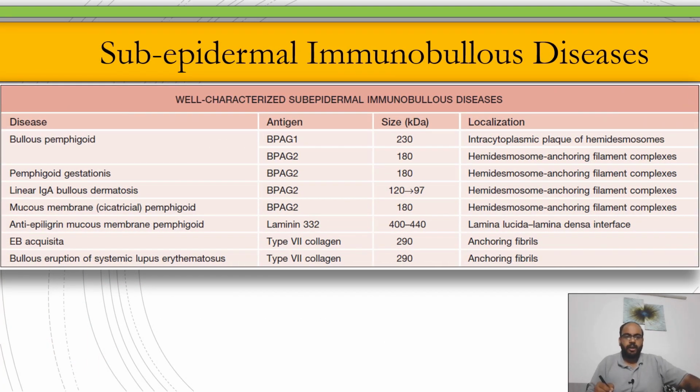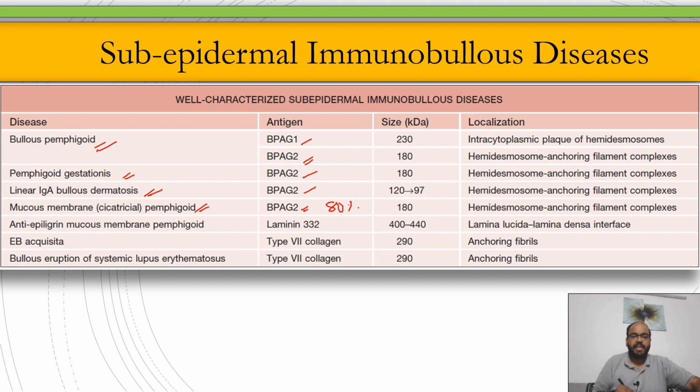So just to revise, these are the antigens in sub-epidermal immunobullous diseases. In bullous pemphigoid, you have antigens 1 and 2. Pemphigoid gestationis, you have antibodies against 2. Linear IgA disease, 2. Mucous membrane pemphigoid, 2, majorly seen in about 80% of cases.